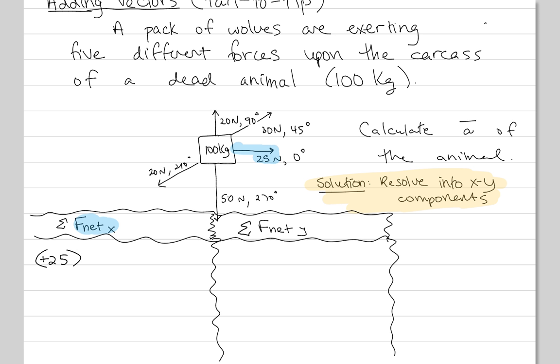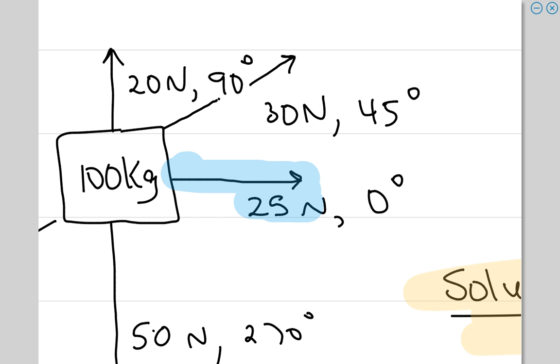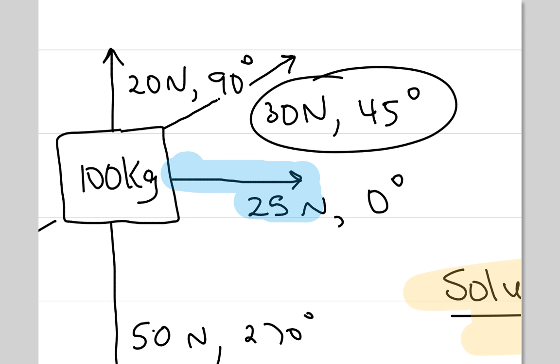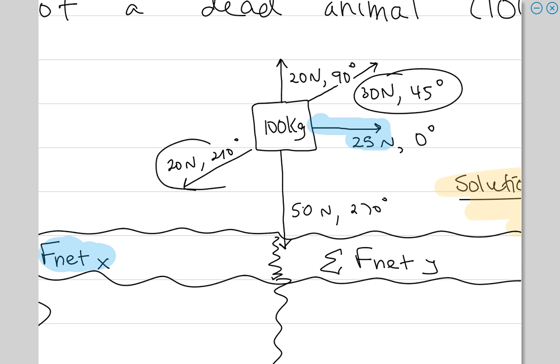Now, are there any other easy ones? Which other forces have a horizontal piece to them? Good. This 30 newtons has an eastern component to it, and this 20 newtons has an eastern component to it.